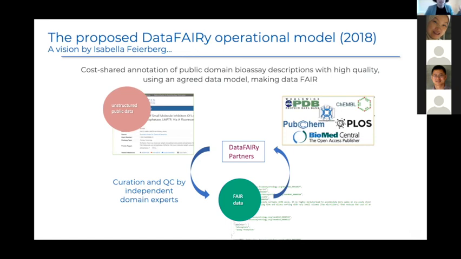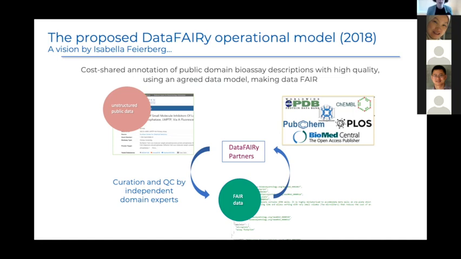And so that was the idea behind DataFAIRy: how can we come together as a community and build these data models or data standards to annotate bioassays that not only benefit the stakeholders, so the pharma companies that might be interested in sponsoring this project, but then be able to return that high quality annotated data back to the public.